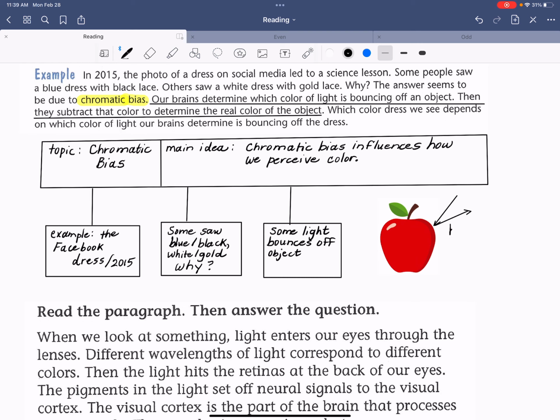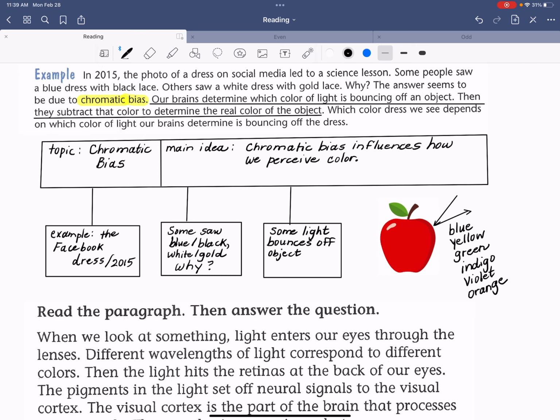Blue light is being reflected. Yellow light is being reflected. Green light is being reflected. Indigo light is being reflected. Violet light is being reflected. Orange light is being reflected.